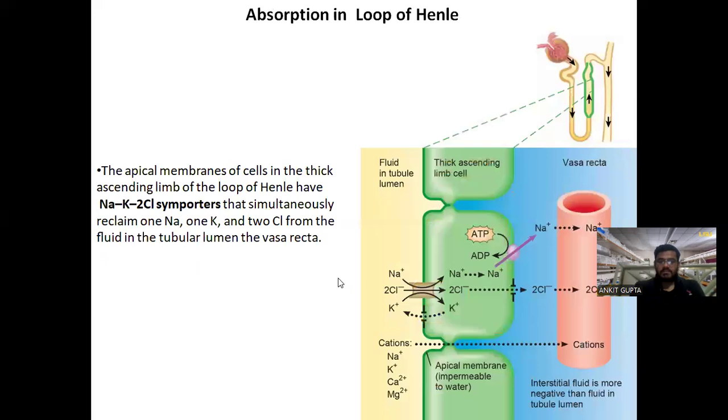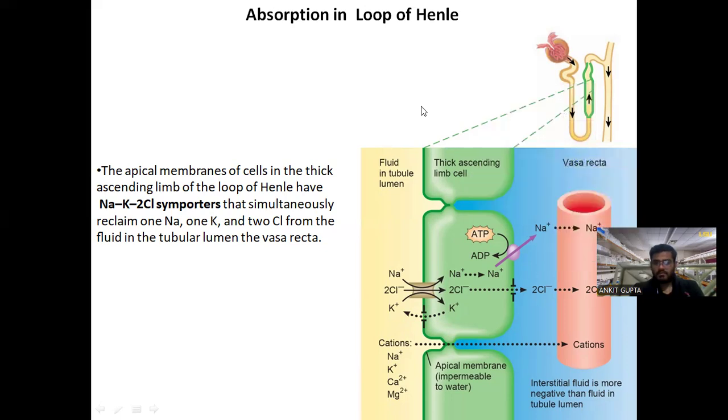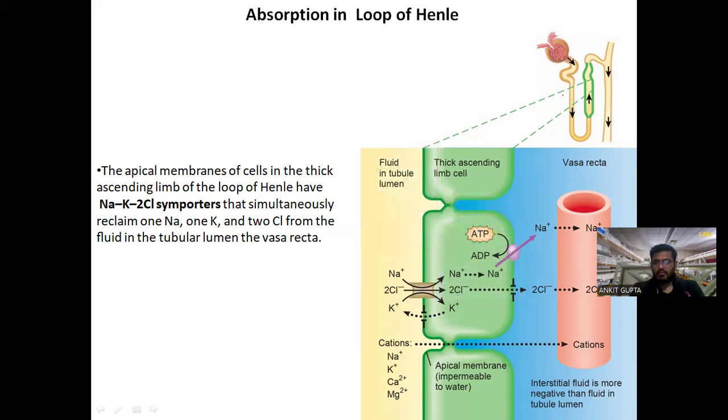So the next part is absorption in the tubule in the loop of Henle. This part is the loop of Henle. So after PCT, the loop of Henle starts.